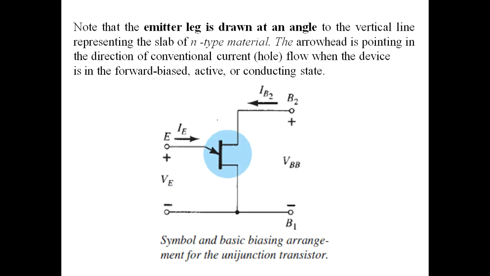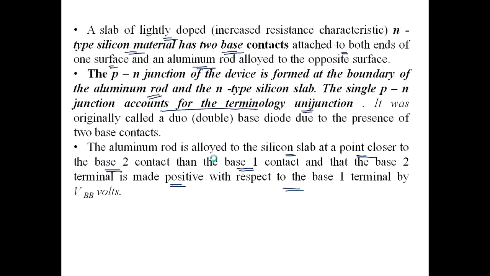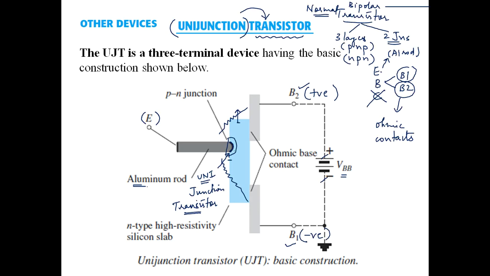Then how does the circuit look like? It is shown here. Note that the emitter leg is drawn at an angle. Just observe this emitter. The symbol is slightly tilted, right? At some angle. Why? Because this particular aluminum rod's position is exactly not at the center. It is more closer with respect to the base B2 when compared to base B1.